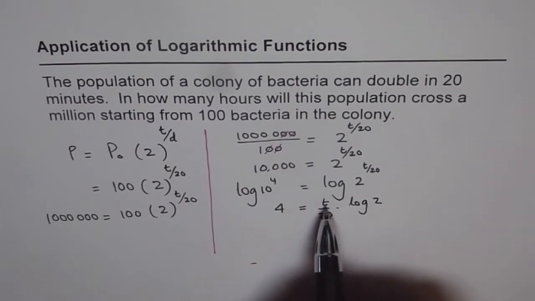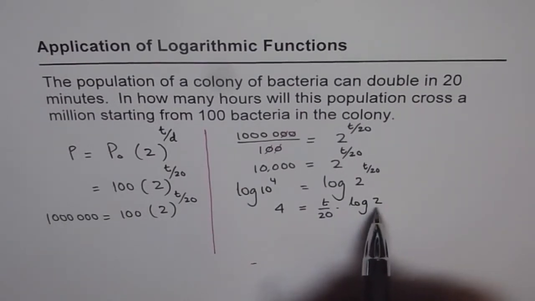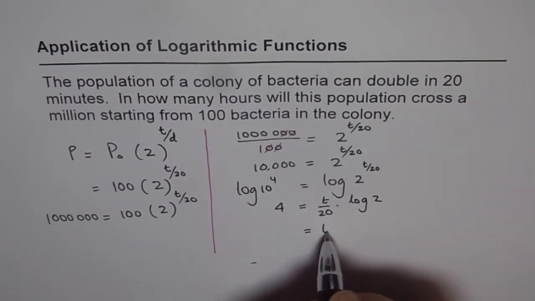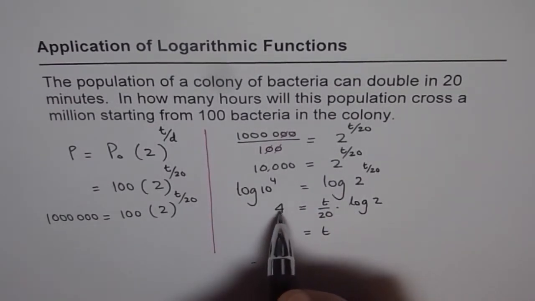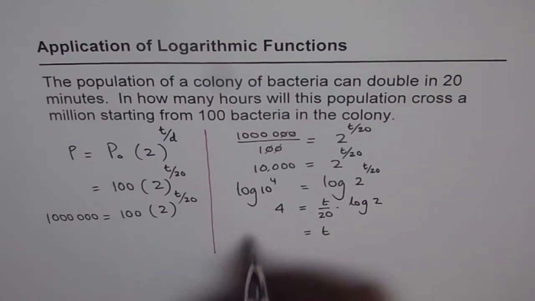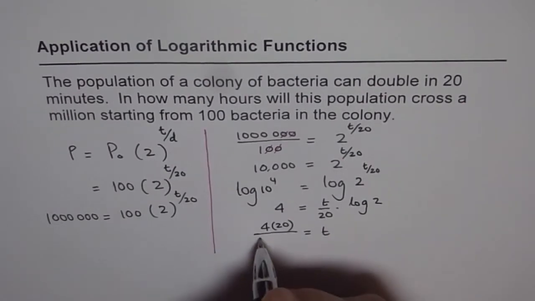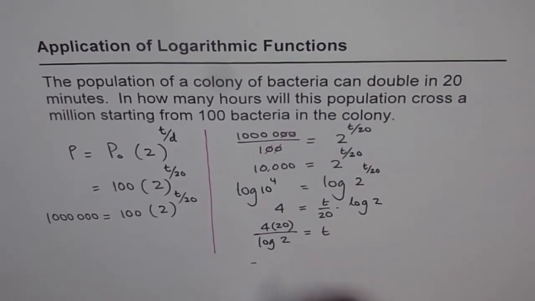From here we can calculate t. Log of 2 is a constant, right? So let's cross multiply and get the value of t. So t is equal to 4 times 20 divided by log of 2. We can use a calculator and find the answer.